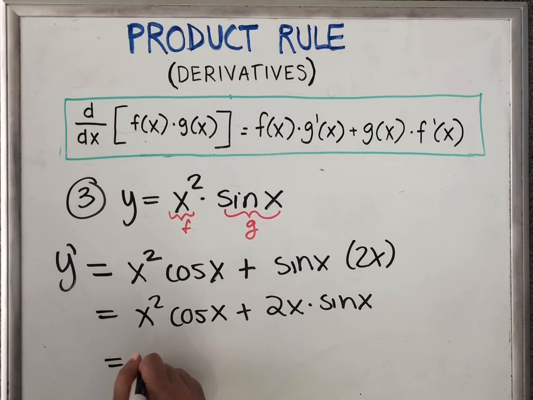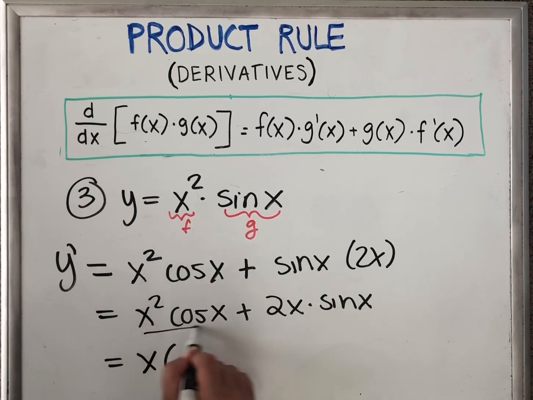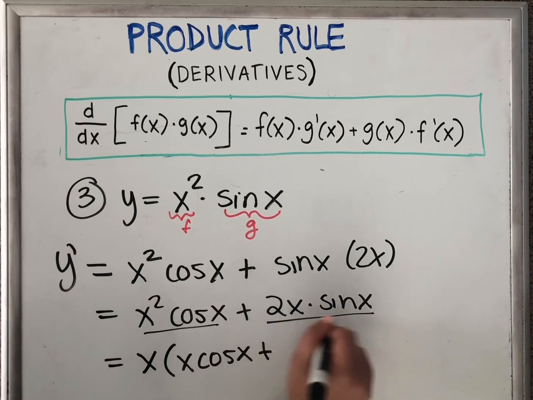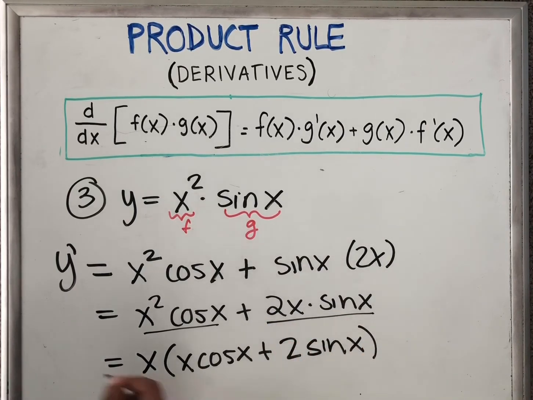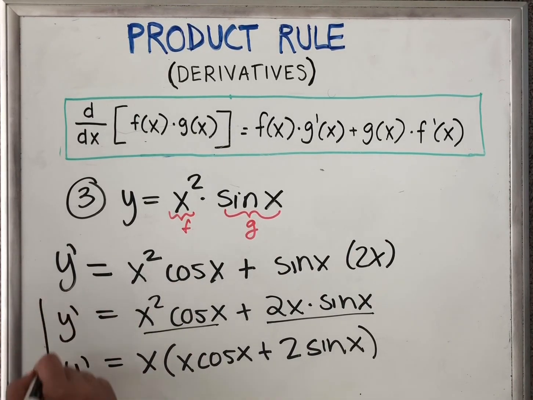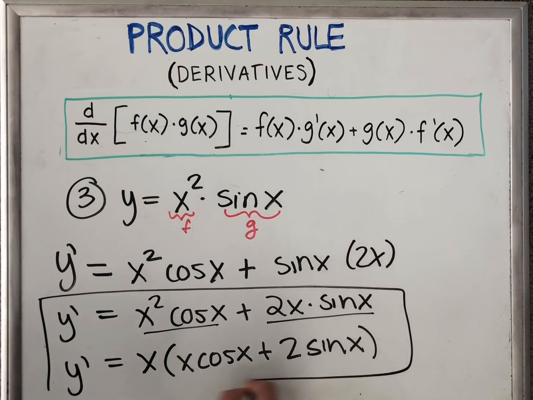So we can rewrite this as x, pulling out an x from both of these terms. We'll be left with x cosine x here, and plus 2 sine x over there. You didn't really need to do that last step, but either of these answers would be perfectly fine.